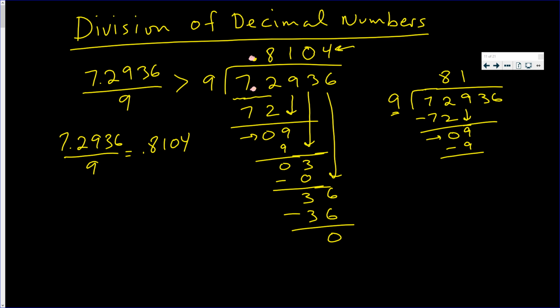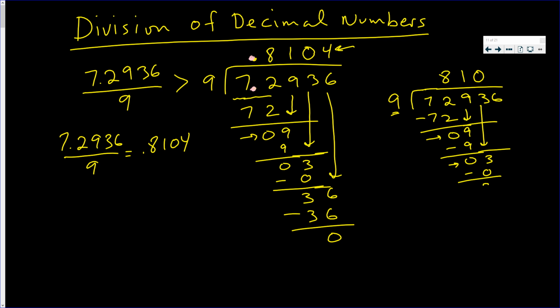You subtract, you get 0. Bring down this 3. That number is 3. 9 goes into 3 0 times. 9 times 0 is 0. Subtract, get 3. Bring down the 6. 9 goes into 36 4 times. Now, if you like, you can come back and put the decimal where it was.